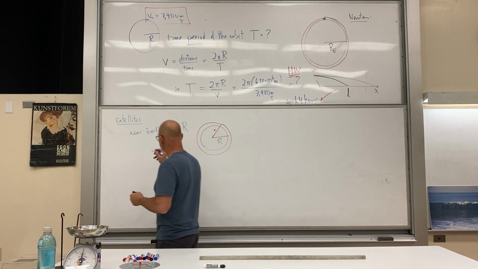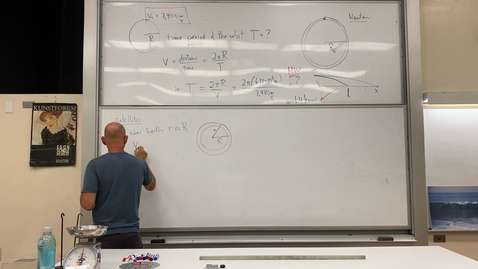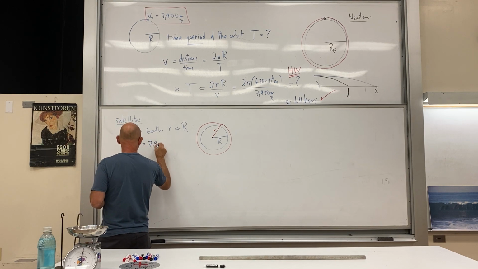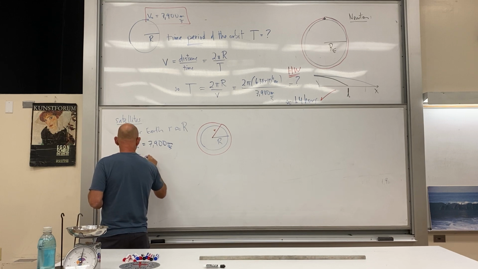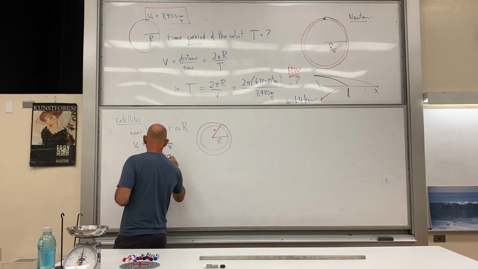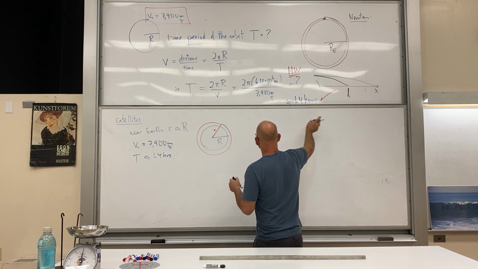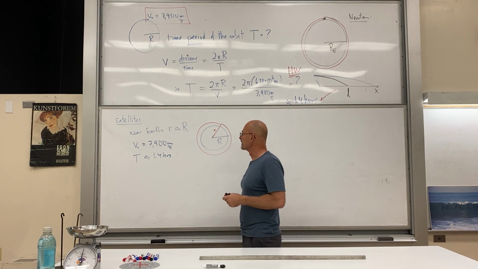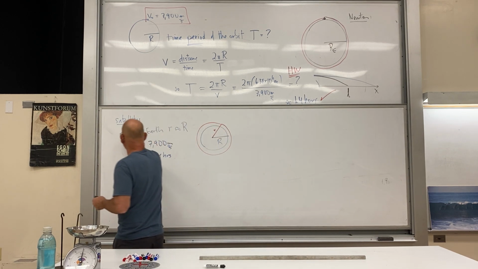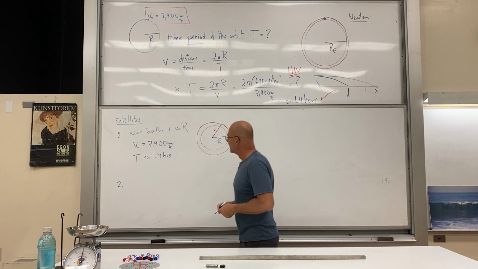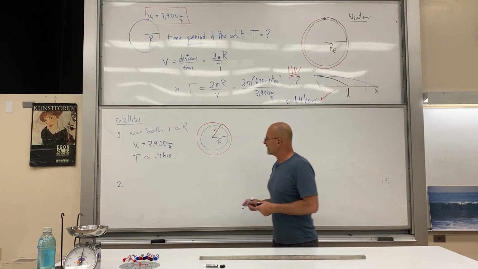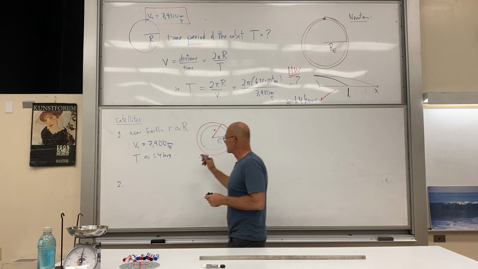And then we had v orbit equal to 7,900 meters per second, and T is approximately 1.4 hours. By this time you've found the number and put it in there if you want. So this is one kind of satellite. There are many others. Let me discuss these first.